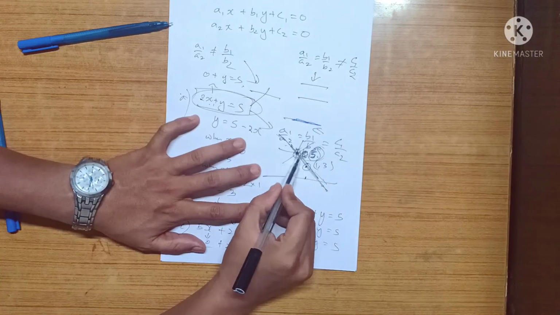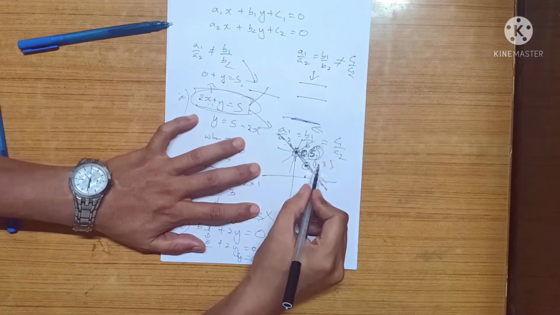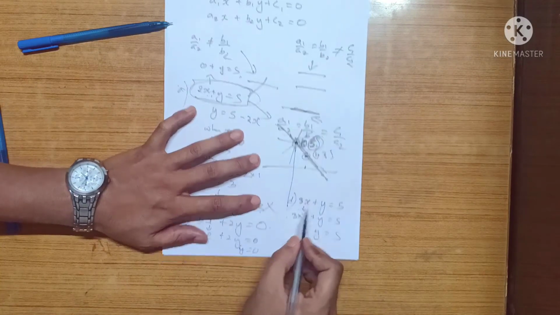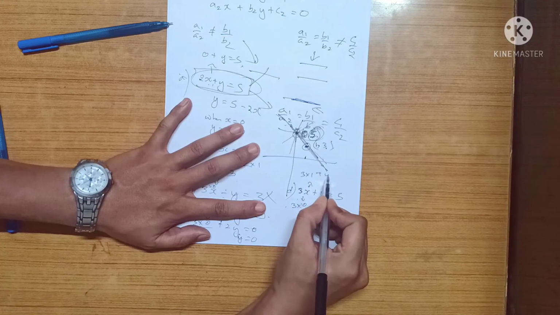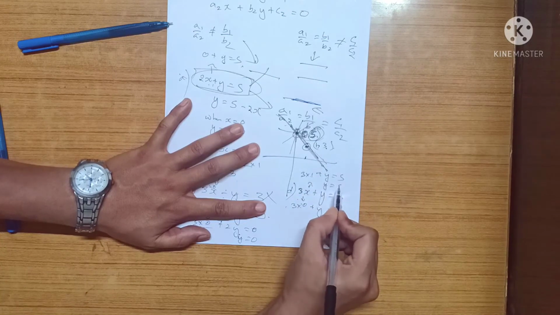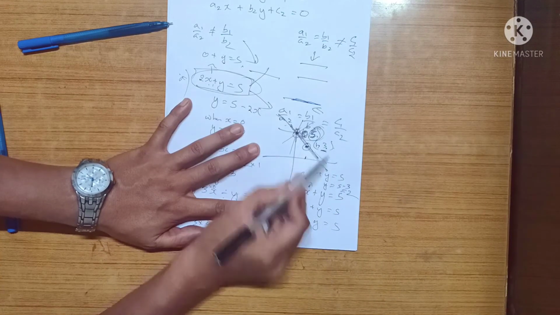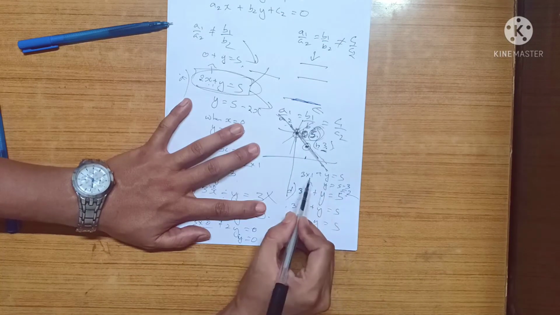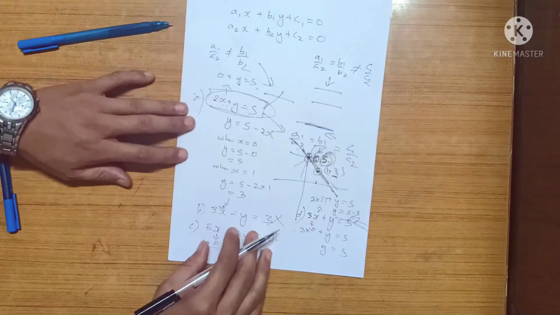Got it? So if it's passing through (0, 5) and (1, 3), now if you put 1 instead of x, you have to get y as 3. For 3 into 1 plus y equal to 5, 3 into 1 is 3, and if I take it to that side it becomes 5 minus 3, which is 2. We need 3 as the y value when x is 1, but we are getting 2, so that will not be the solution.